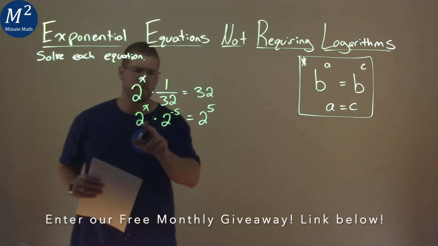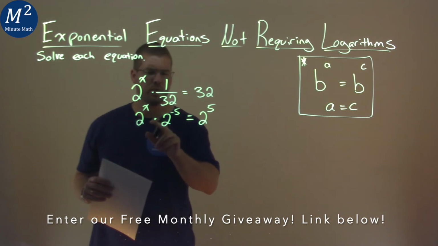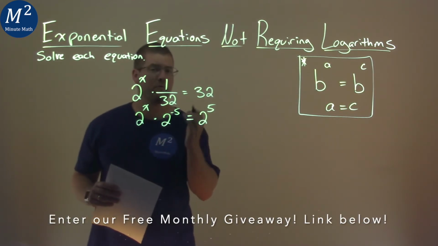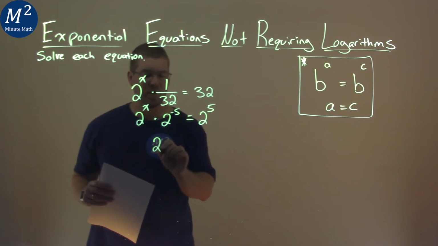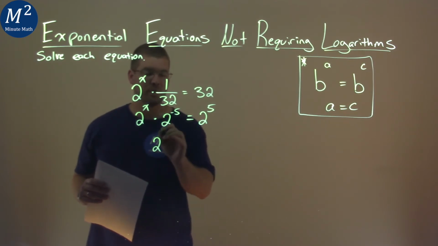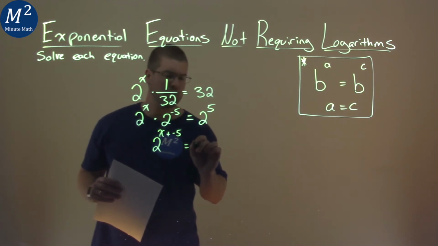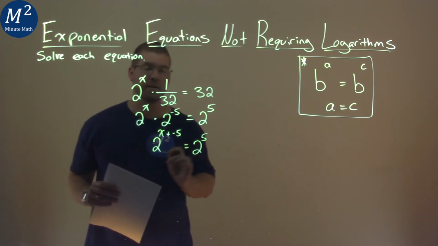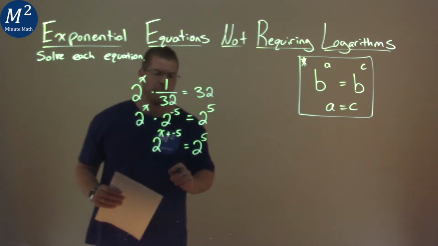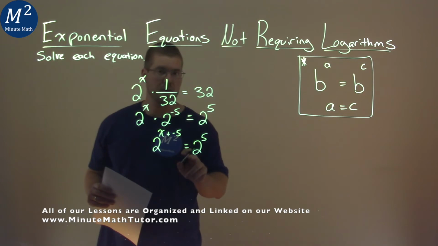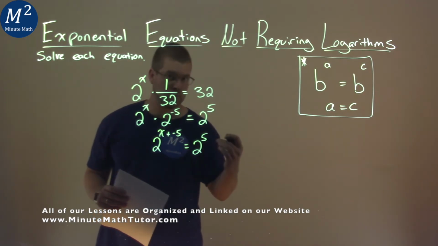Well, now we have 2 and a 2 being multiplied, and they have different exponents here. When that happens, if we want to write it as a single base of 2, we add the exponents. So we have 2 to the x plus a negative 5 for the exponent. That's equal to, well, 2 to the 5th power right here. Now, our rules also tell us when we have the same base on either side of the equal sign, we can set the exponents equal to each other.